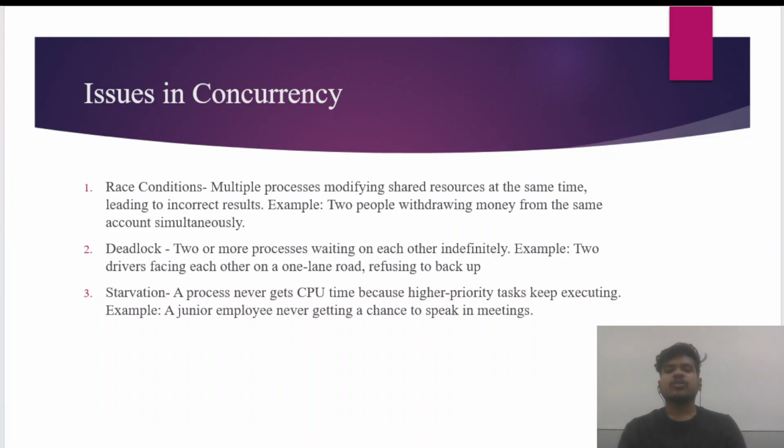Let's move further. Let us look at the producer consumer problem. It is a very famous problem. It shows concurrency and how processes share resources safely. Let us imagine the scenario.